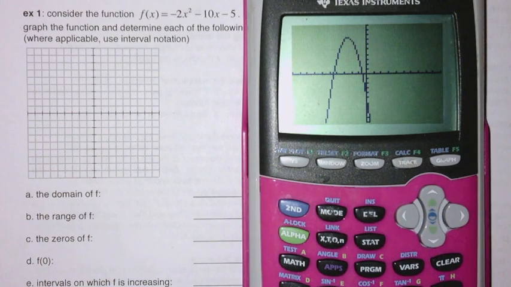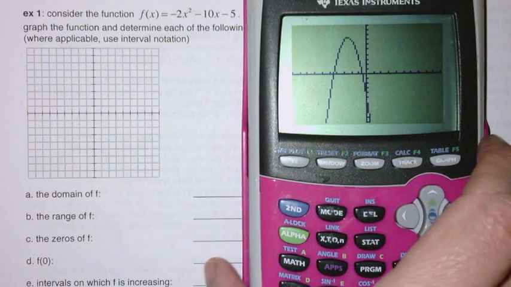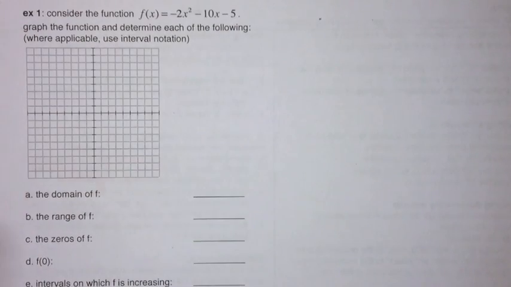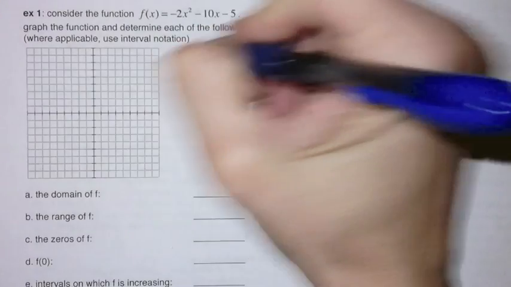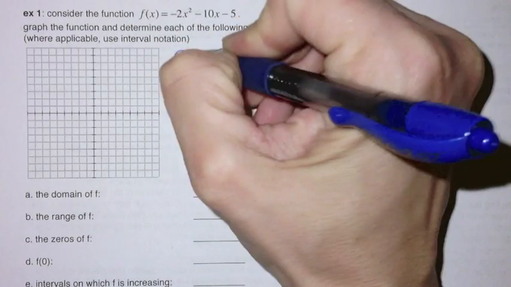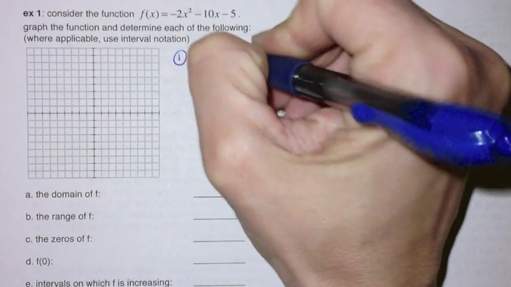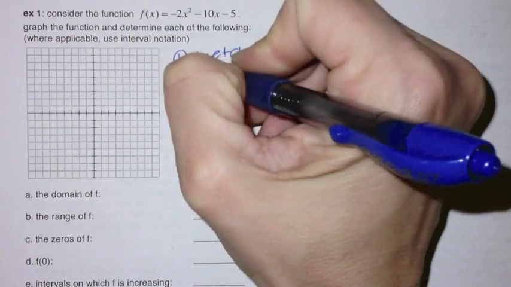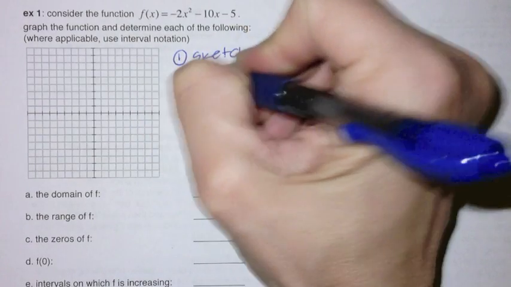So I have some steps for you real quick for when you're doing these. I'm just going to move this out of the way so I can write them down. So step 1, you're always going to want to make a sketch of the graph where you label the key features.